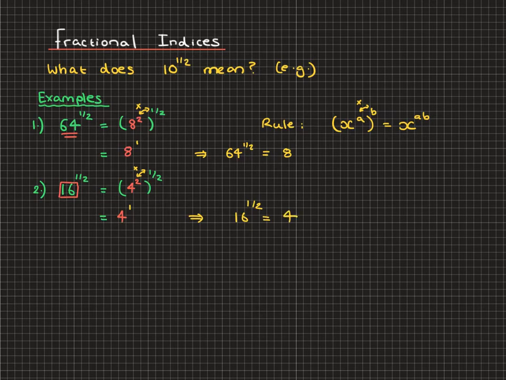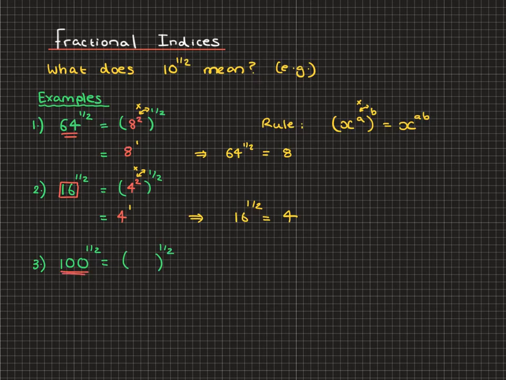And we start to build up some results, and you might start to have in your head the idea of a pattern. Let's do one more example. 100 raised to the power of a half. Some of you may have guessed the answer already. So instead of 100, what should I write?